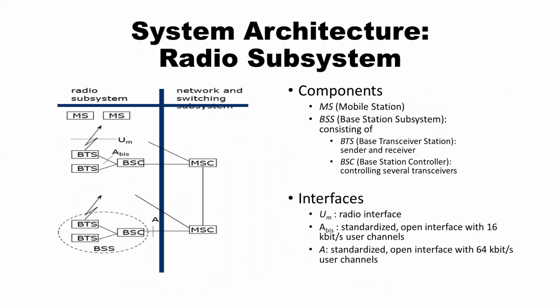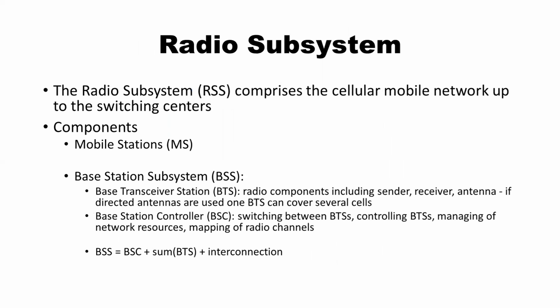The radio subsystem components: mobile station and base station subsystem, consisting of the base transceiver station, sender and receiver, and the base station controller controlling several transceivers. Interfaces: radio interface, and a standardized open interface with 16 kbit per second user channels and a standardized open interface with 64 kbit per second user channels.